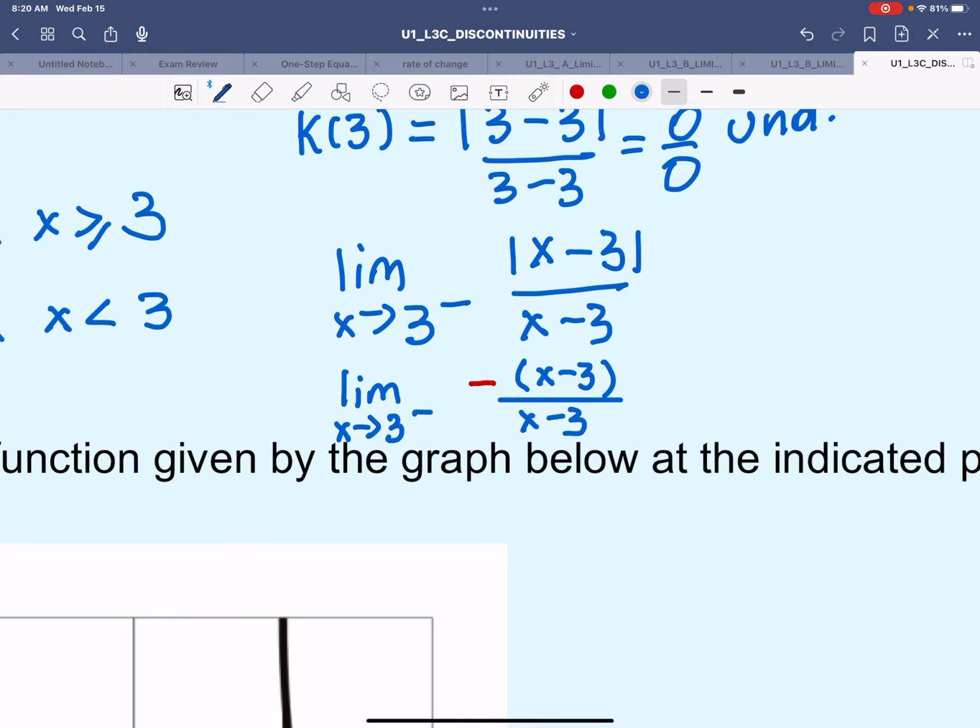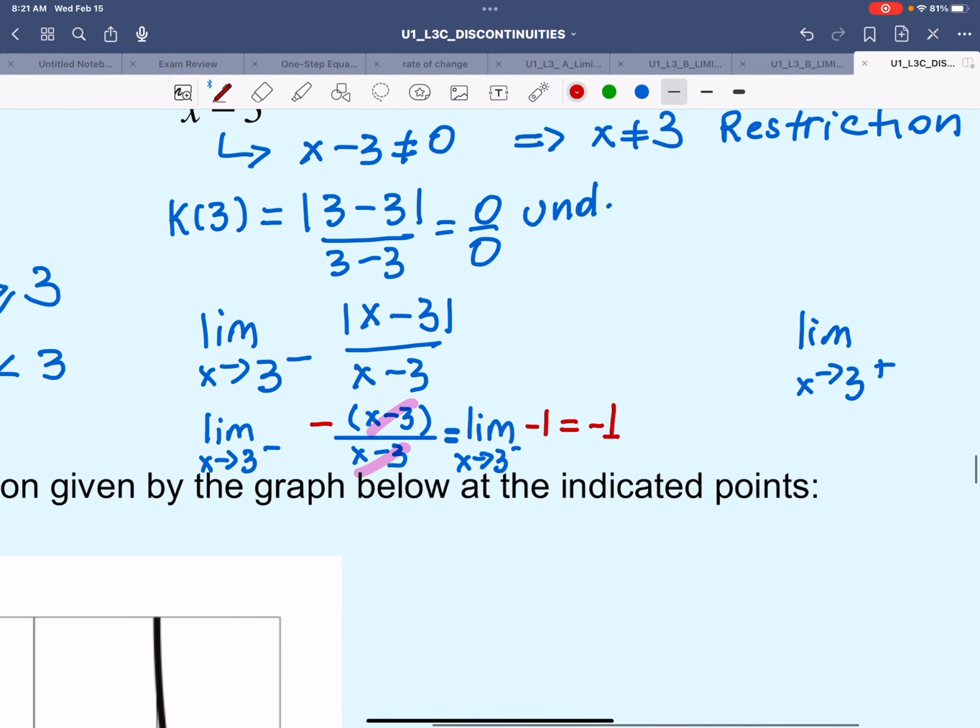So as you can see here, we have x minus 3 and x minus 3 common. So that will make this the limit as x approaches 3 from the left of negative 1. This limit is what we call the limit of a constant, so that would be equal to negative 1. So the left-hand limit is equal to negative 1.